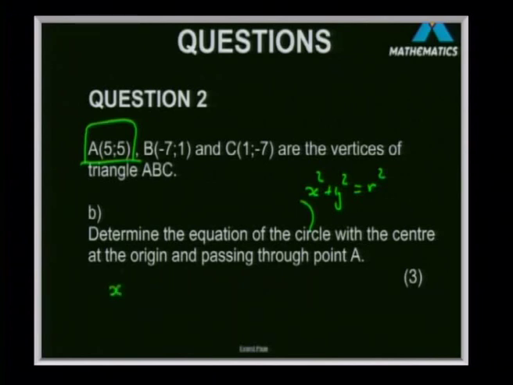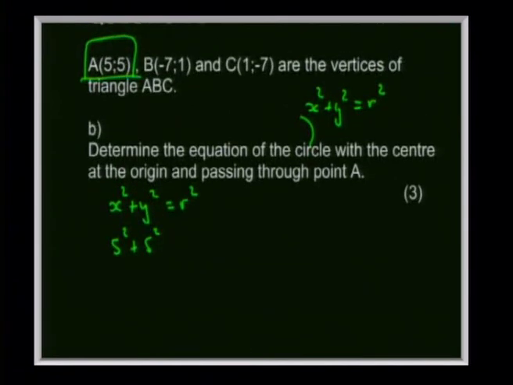So we have x squared plus y squared is equal to r squared, which gives us 5 squared plus 5 squared, which is 25 plus 25, which we all know gives us 50. So our answer, x squared plus y squared is equal to 50.